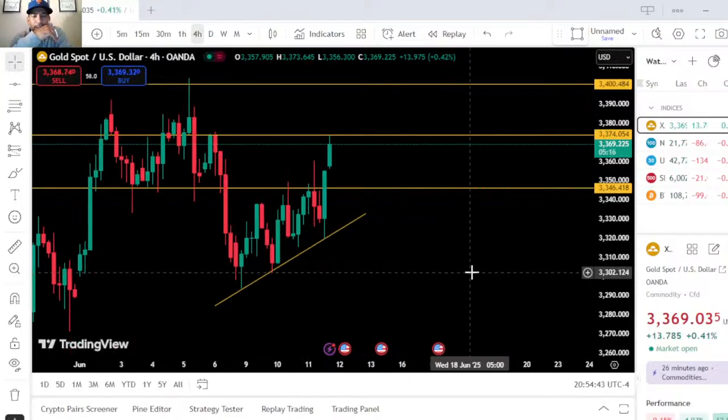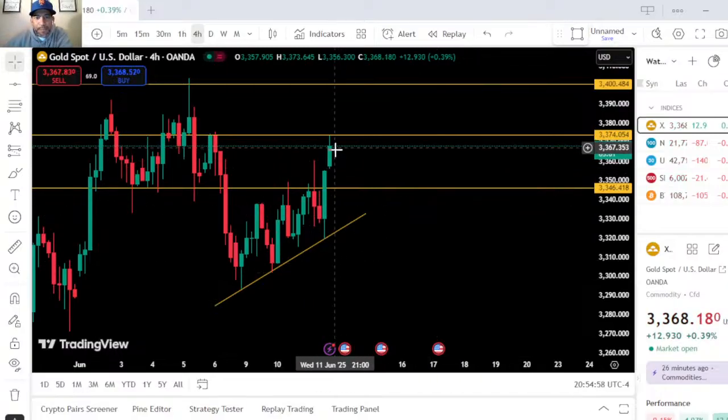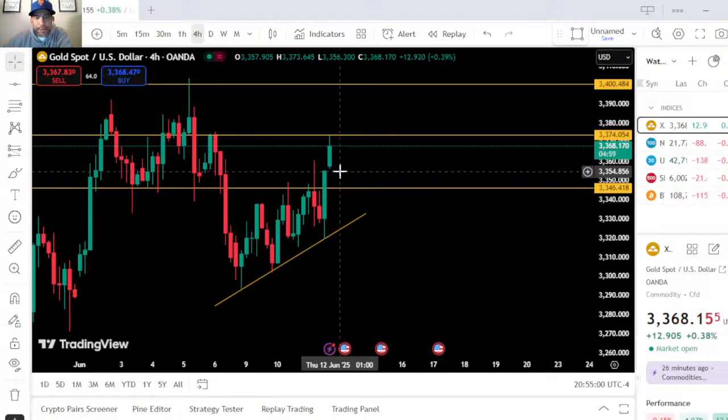Bullish closure on gold as well. Looking really, really good here. The new 4 hour wick might pull down to fill the gap here.